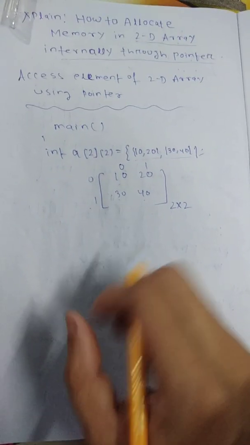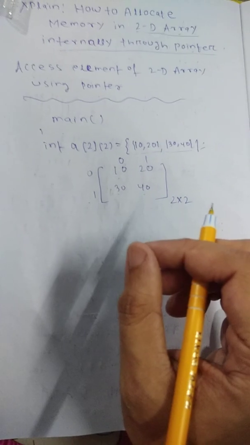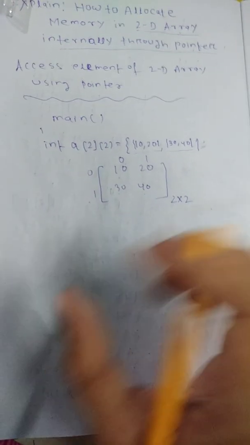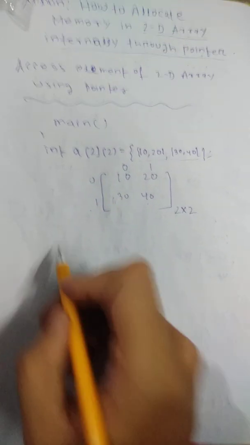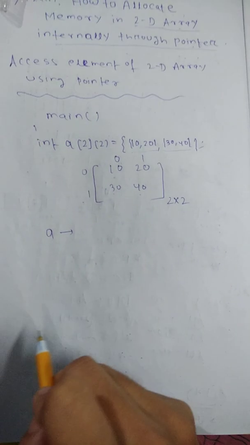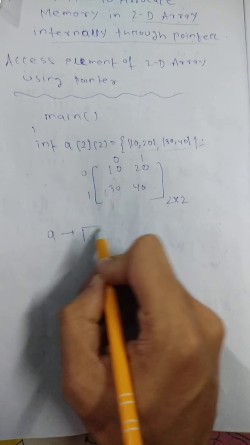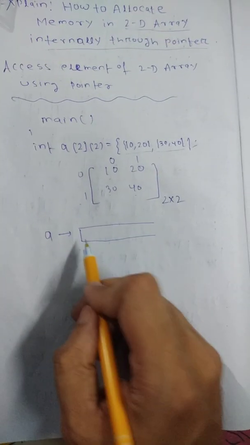matrix. But how will this be stored in the memory, and how is it allocated in the memory location? Actually, suppose A is the name. So the name of the array is what? The base address of the array. So here A is a pointer which stores the address.